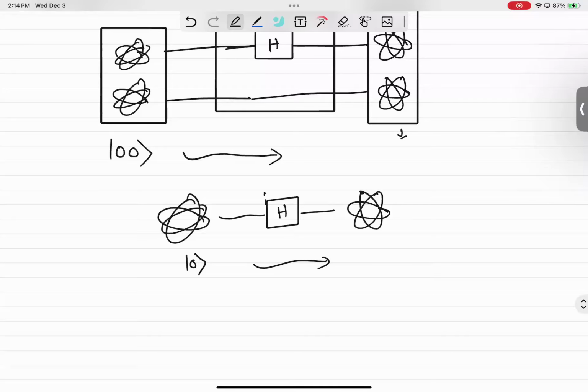I would get plus, right? That's the definition of Hadamard gate. What does Hadamard gate do? It kind of reflects about the 22.5 degree angle. So if I'm 0, I get transformed to plus. Okay? So if it was only a single one, this is what I would get.